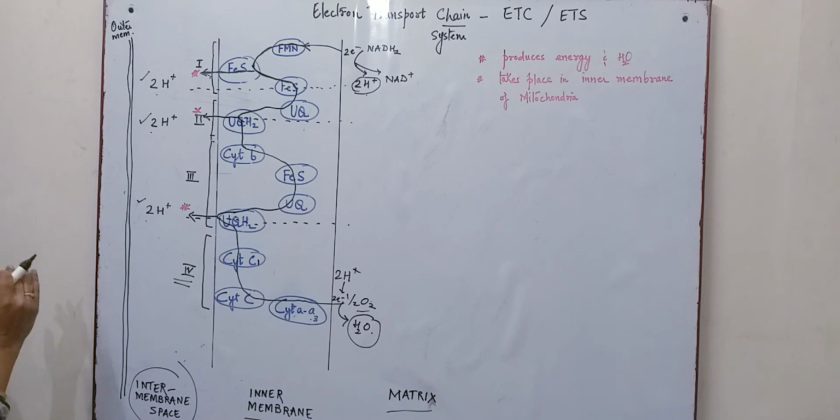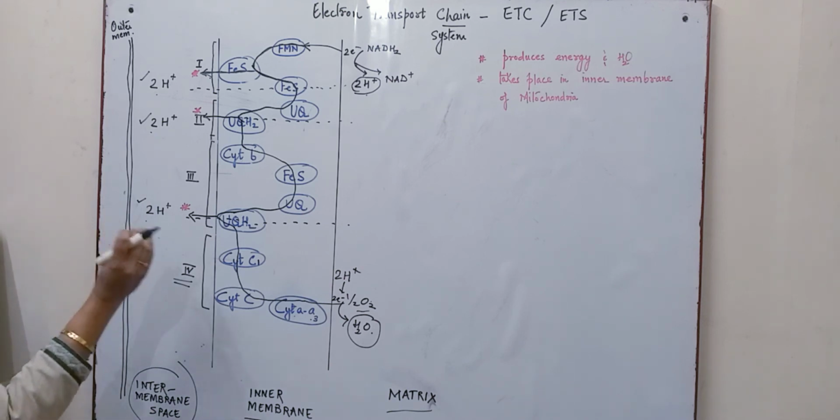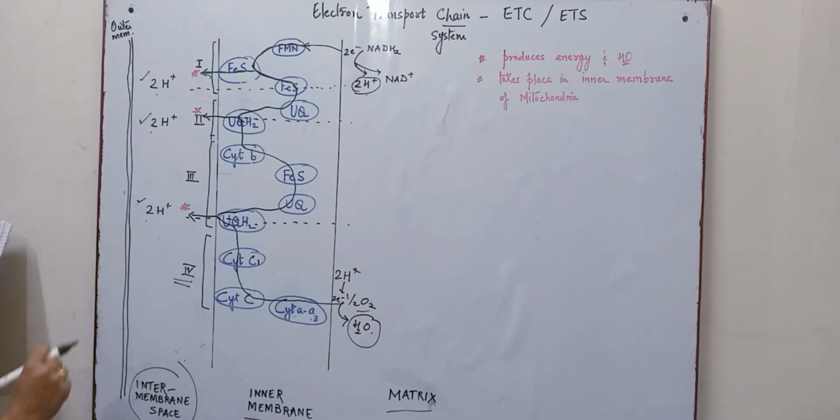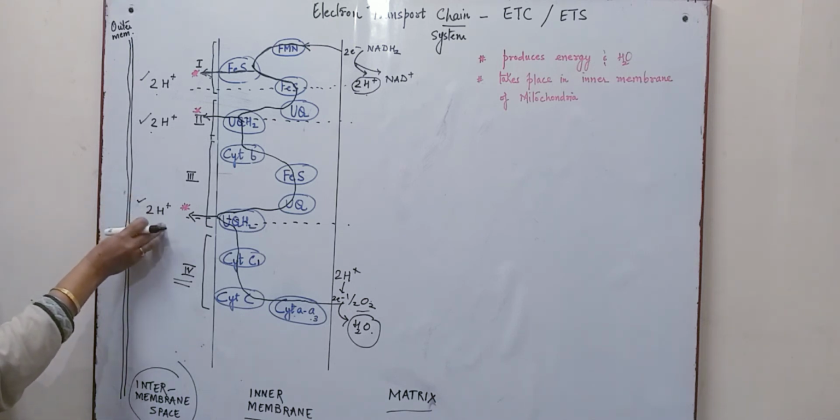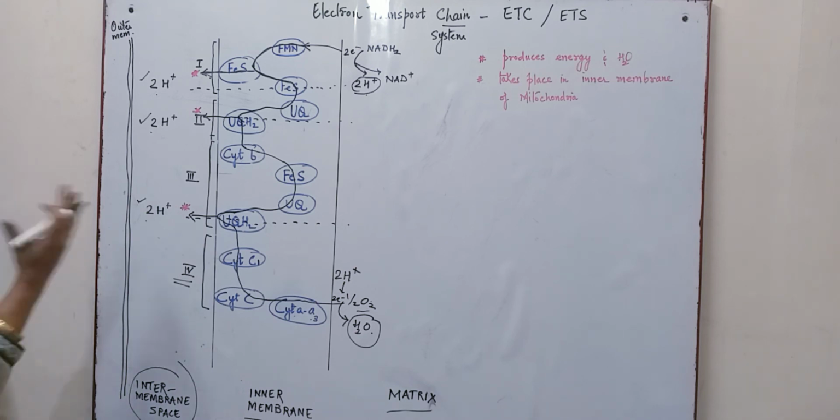But this diffusion can only be done through F0 and F1 particles. So these F0 and F1 particles will utilize these protons through the transfer to generate ATP, and that is the next step, which is known as oxidative phosphorylation.